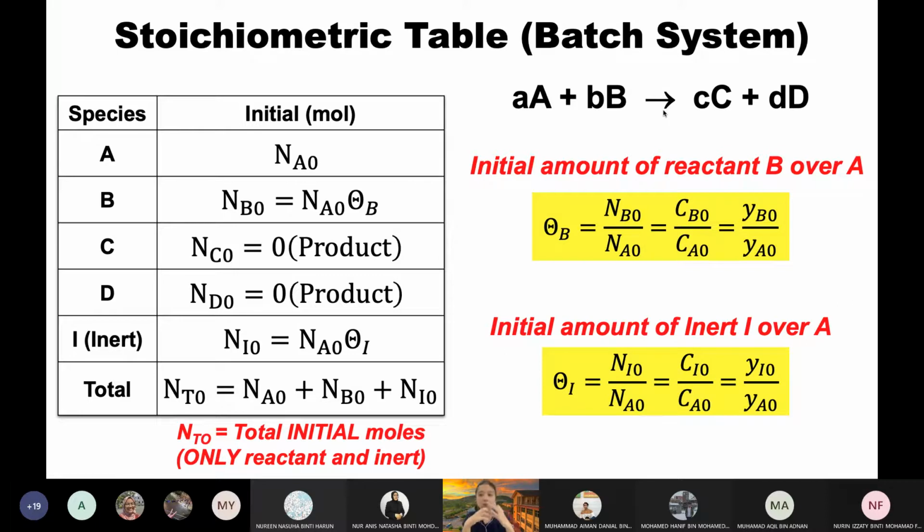Tetapi bilangan asal mol B ni boleh dikira berdasarkan NA0 multiply with theta B. Which I tell you theta B ratio amount B awal terhadap amount A asal.